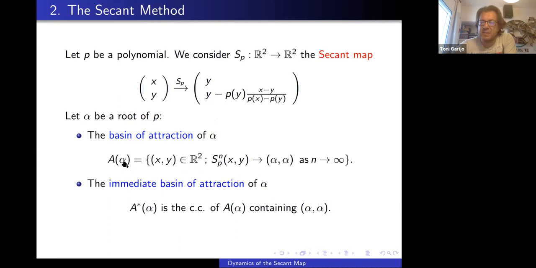This means that the root alpha has a fixed point on the diagonal. And in the same way, the immediate basin of attraction is defined as the connected component of the basin of attraction containing the point (alpha, alpha).